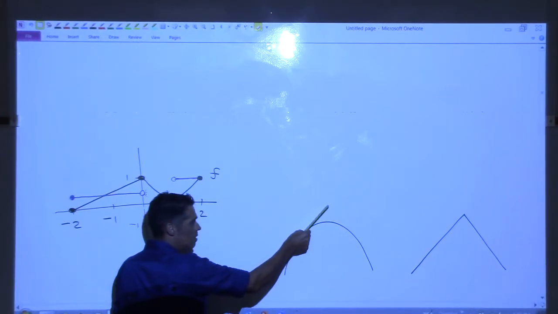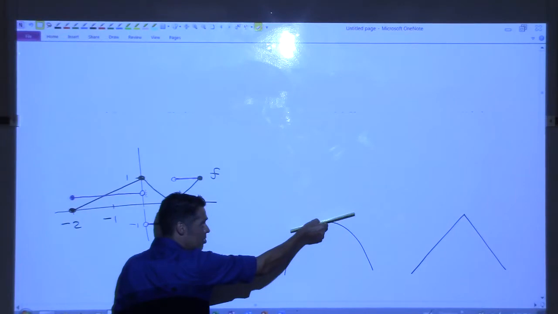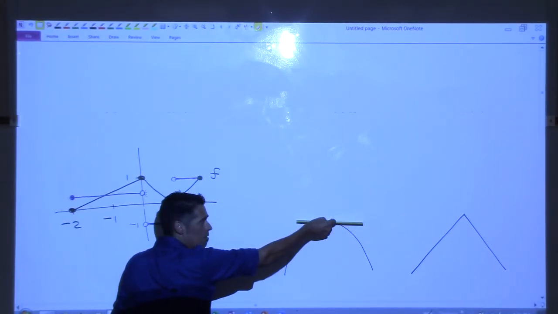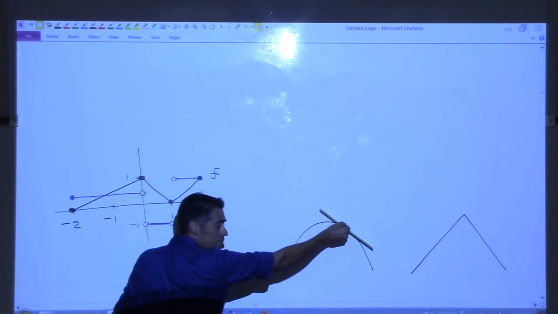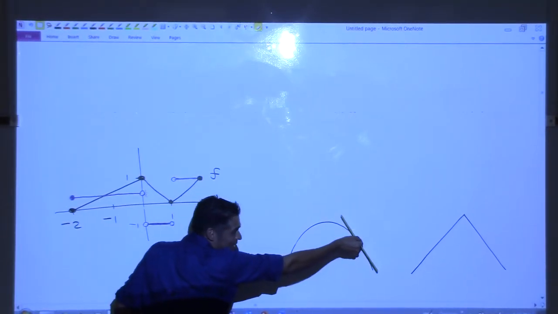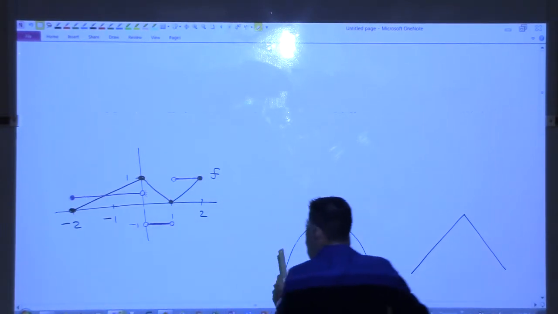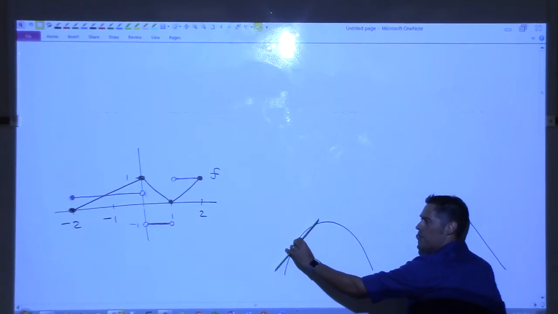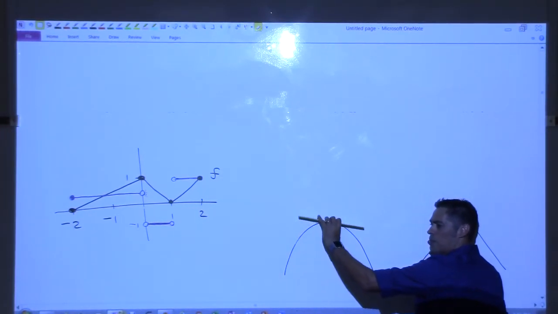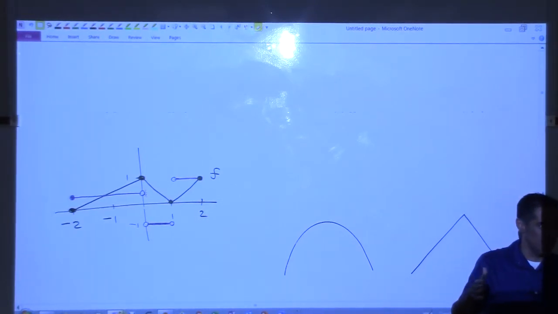Positive, small. Positive, smaller. Positive, smaller. 0, then negative, small. Negatives, bigger. Negative, bigger, right? So it's like a smooth transition. The derivative goes from big positive number, smaller positive, through 0, then to negatives, then bigger negatives. So it's like this nice smooth transition, yes?